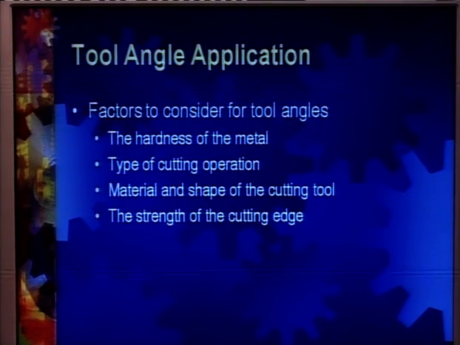So, depending upon whether the shape of the cutting tool gives us the opportunity to give it a negative rake angle or a positive rake angle, we will decide the type of angles to be given to the cutting tools. The strength of the cutting edge, whether it is a stronger edge or a weaker edge, will also determine whether we are going to give a negative rake angle and a negative side cutting edge angle, or a positive side cutting edge angle, as has been explained in detail in the previous slides.